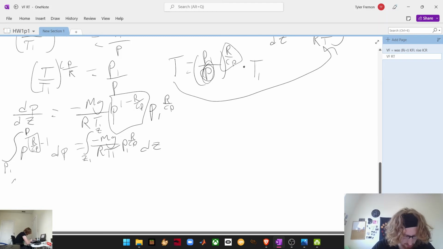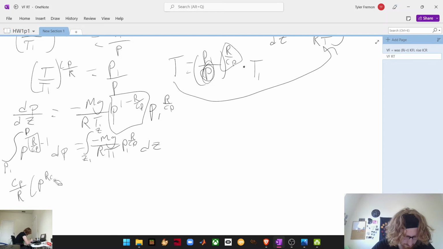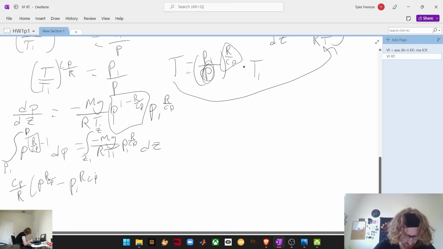So then when we integrate, we're going to add 1 and divide by R over Cp. Since we're dividing by R over Cp, I'll just multiply by Cp over R, and then P to the R over Cp minus P1 to the R over Cp. Gosh, you can tell I'm tired.